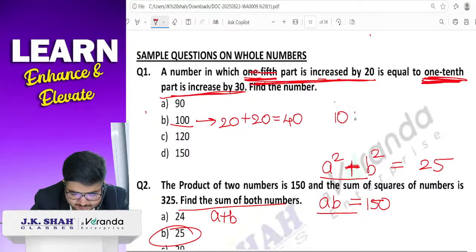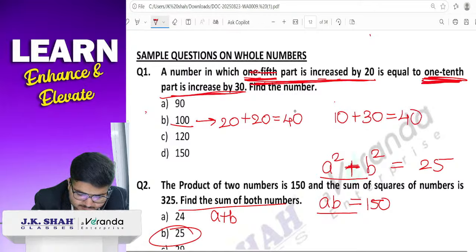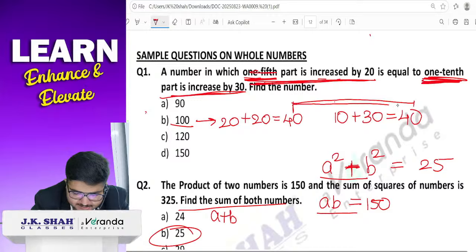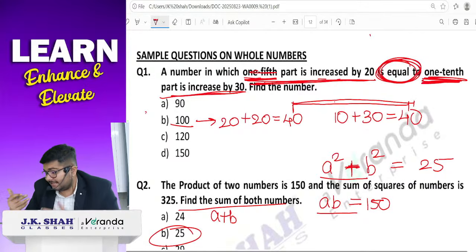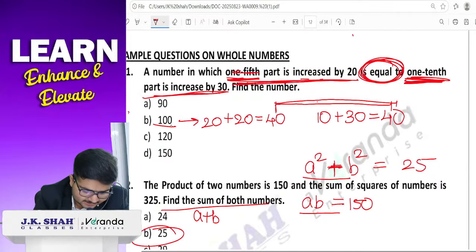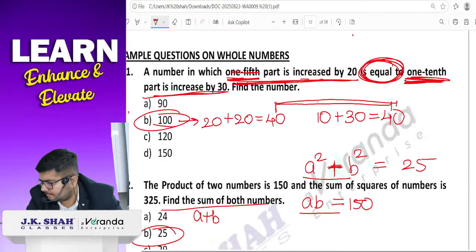It is 10. Then add 30. Answer is 40. Both the values are equal, and that is what they are trying to tell you, and that is why 100 is our answer. Understood, everybody? Very good.